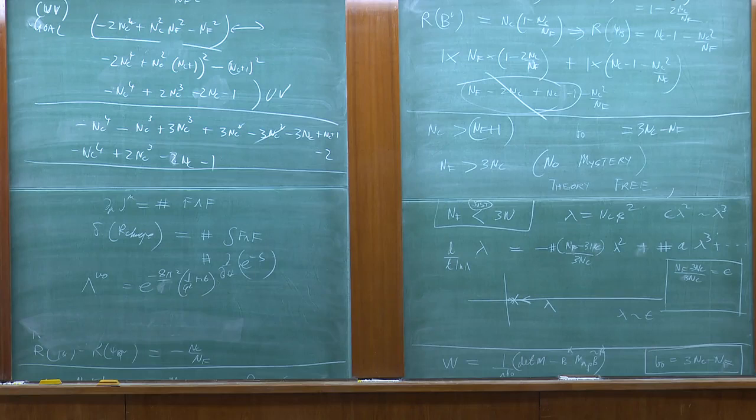We've deduced that at epsilon small, which means NF near enough to 3NC in fractional units, our IR behavior is at a fixed point of the renormalization group. And therefore, our IR behavior is a conformal field theory. Moreover, at epsilon small, it's a very weakly coupled conformal field theory, because the effective coupling constant is controlled by this lambda, which is very small.